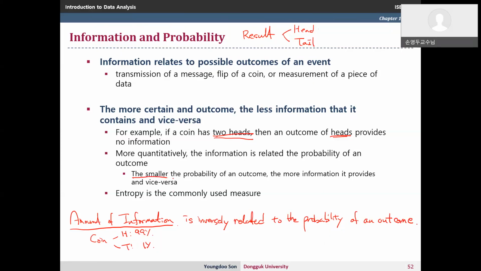The smaller the probability of an outcome, the more information it provides. And vice versa, the larger the probability of an outcome, the less information it provides.